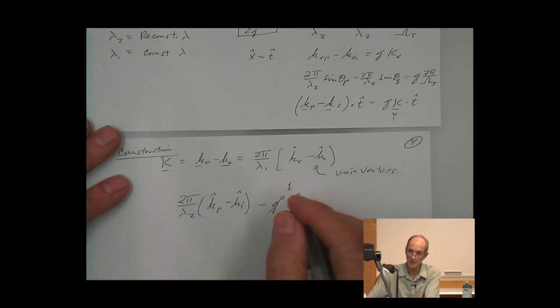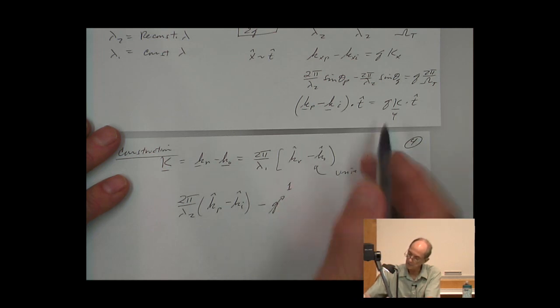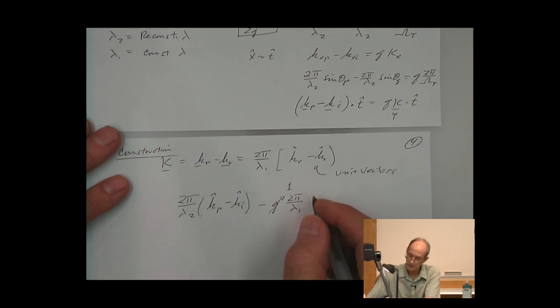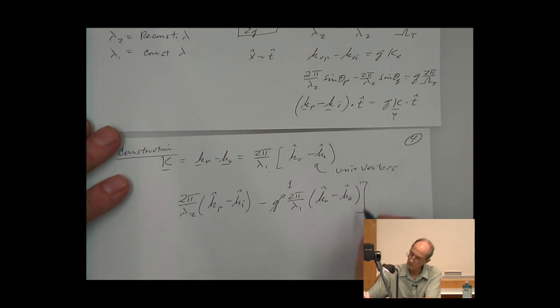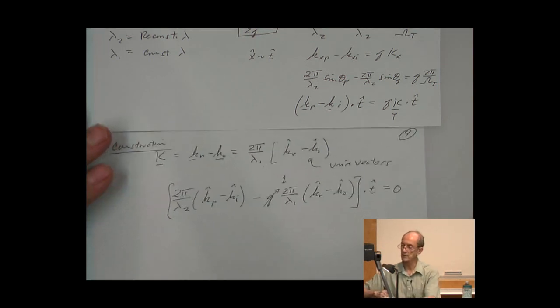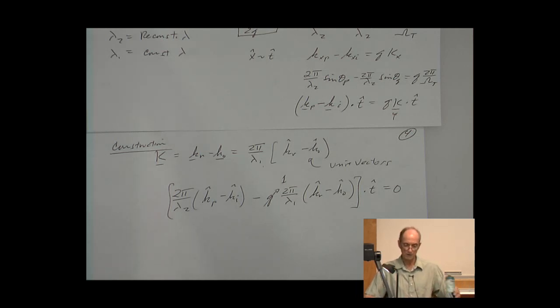We'll only talk about the first diffraction order. We can bring it in later if we need to. So we're combining these two, and this has the construction in it. So we have 2 pi over lambda 1 during the construction phase times kr minus ko unit vectors, and all of that is dotted with t, the tangential component. And so that relation is equal to 0.